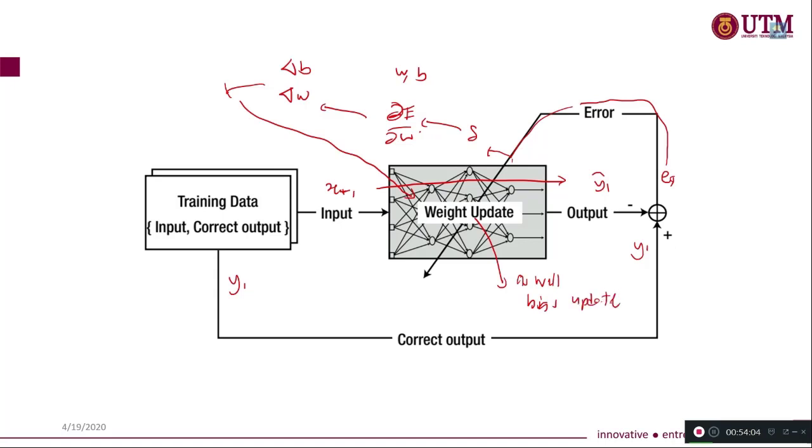This figure just summarizes everything that happened, and that is for a single input: from the single sample you update the W.